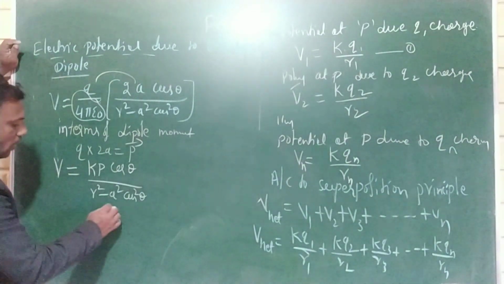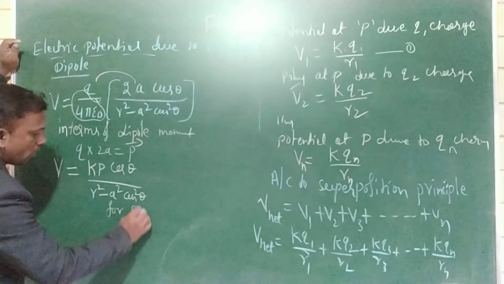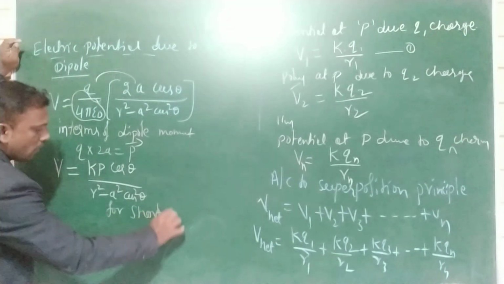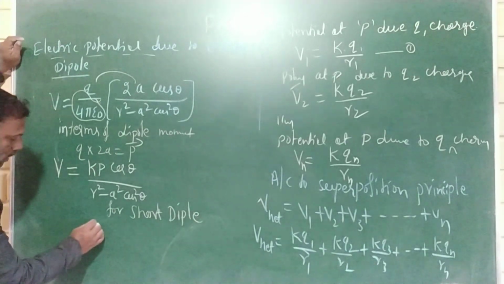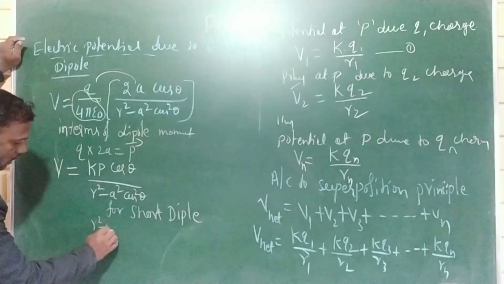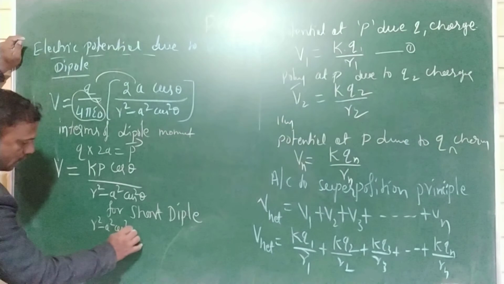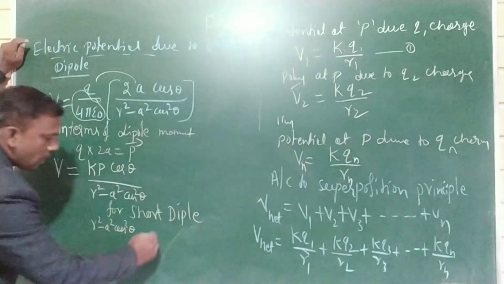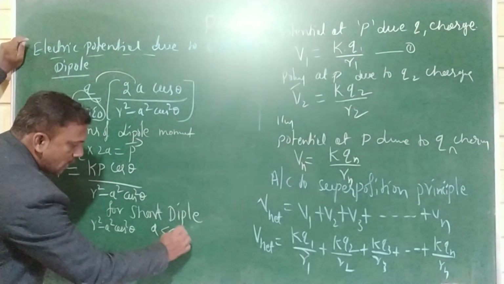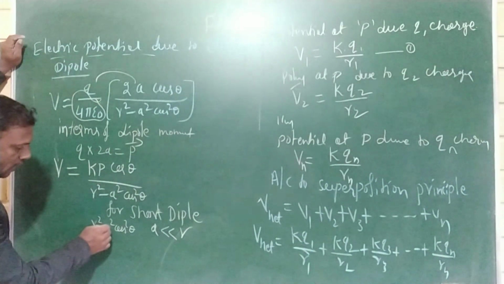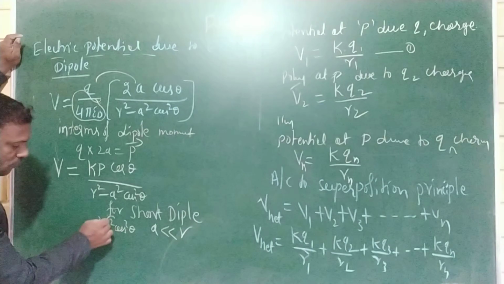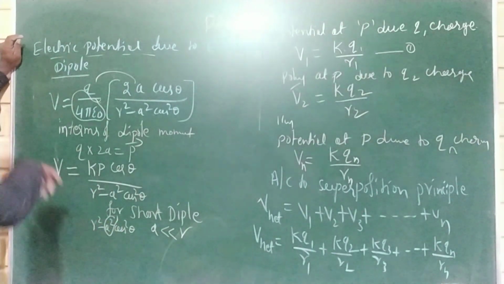For a short dipole, here a is very much less than r. We neglect a square cos square theta, so a square can be neglected from the equation.